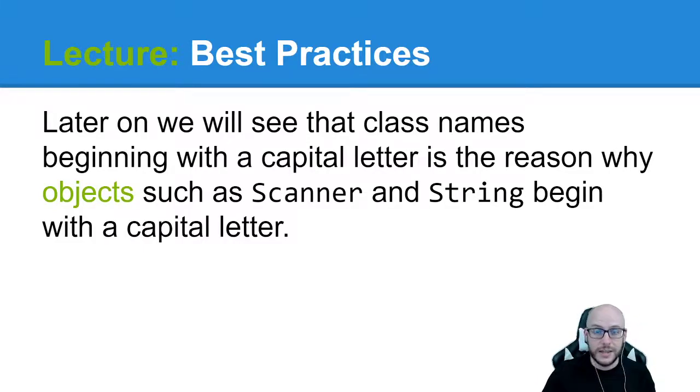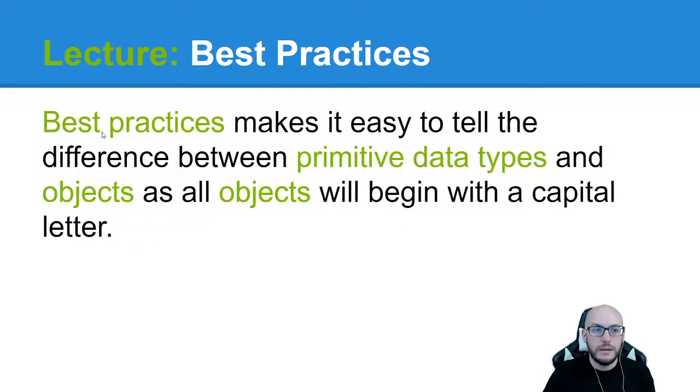And those class names are following best practices. They begin with a capital letter, and that's why we ultimately have to use capital letters. It's actually a good thing because it helps us distinguish them, makes them different from just a typical variable name. Best practices makes it easy to tell the difference between a primitive data type and objects, as all objects will begin with a capital letter, thanks to best practices.